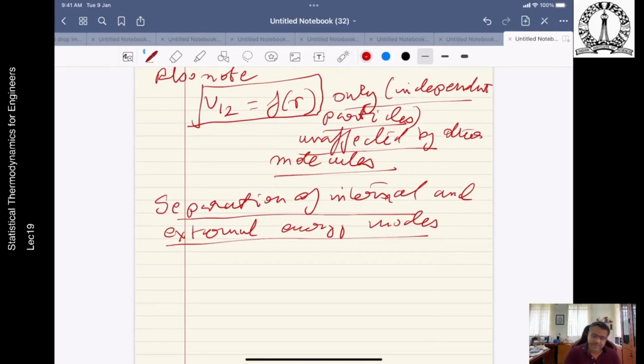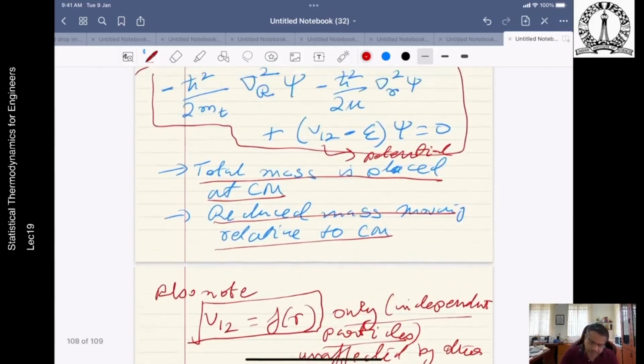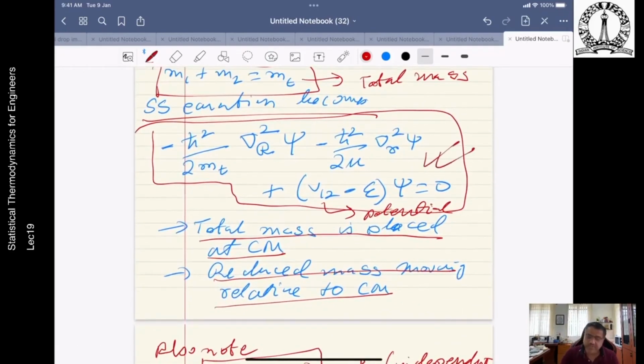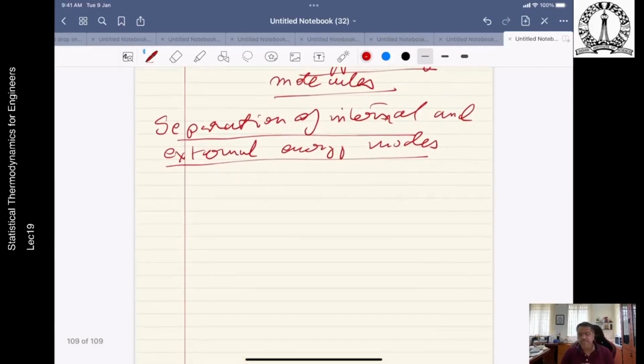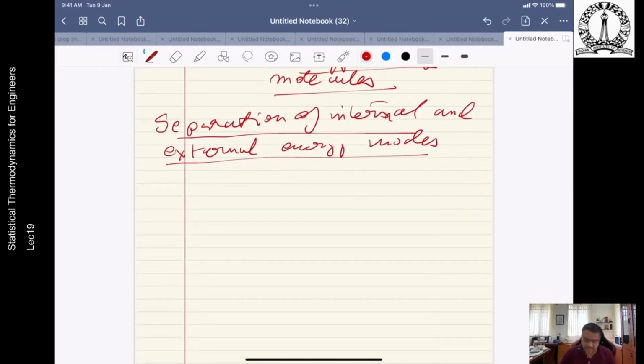So that's why we did all this groundwork, and we also defined that V12 is only a function of r for independent particles, unaffected by the other molecules in the system. So in the next class, we will see how this separation of the internal and the external energy modes can happen using this form that we developed right here. So that we are going to cover in the next class, which will be your lecture number 20.